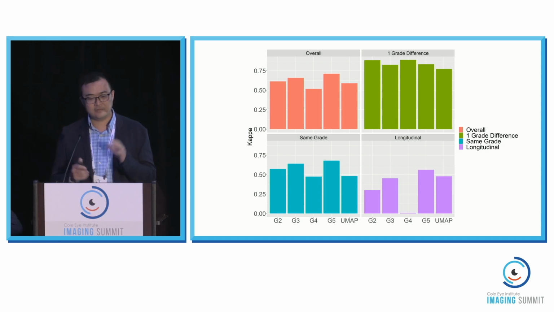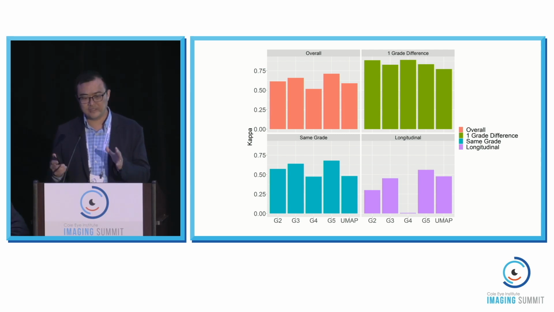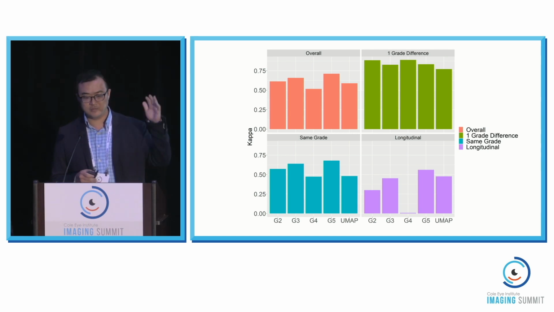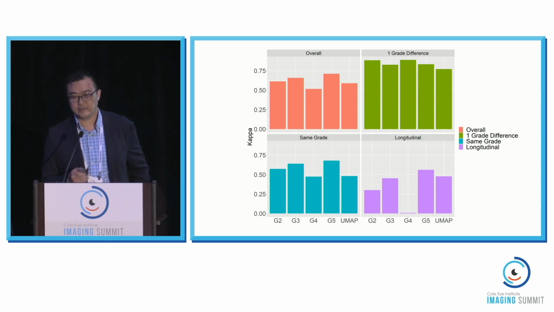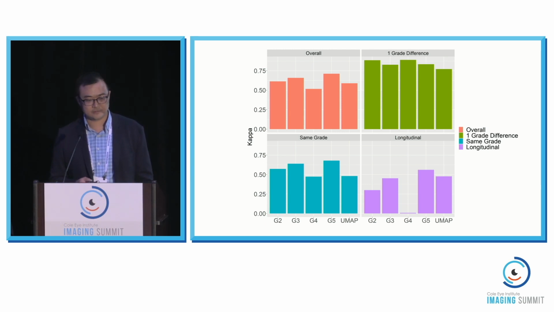Clinicians, or reading center folks, are very good at telling which one's worse when you present two images. You can see that the kappa values for the human beings, G2, G3, G4, G5, are very high. But what was encouraging is that the last bar, the UMAP, our dimension reduction technique, also had a very high kappa compared to humans.